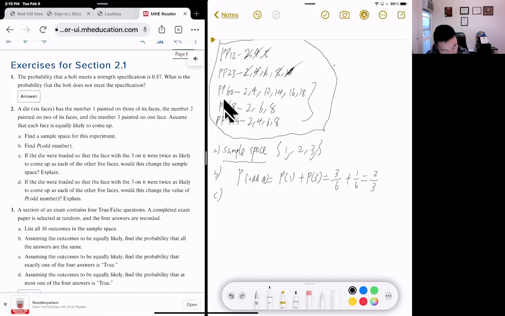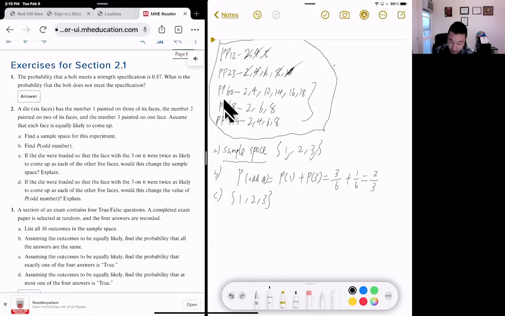For the sample space, it actually doesn't change. We still have 1, 1, 1, 1, 2, and 3. All the possible outcomes still don't change.